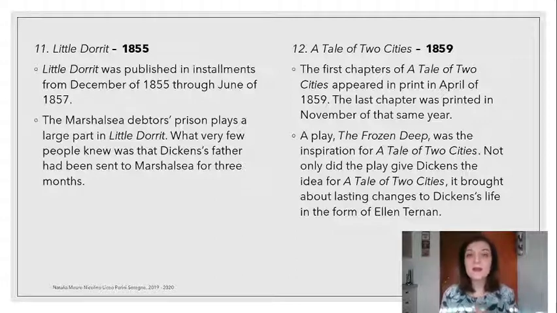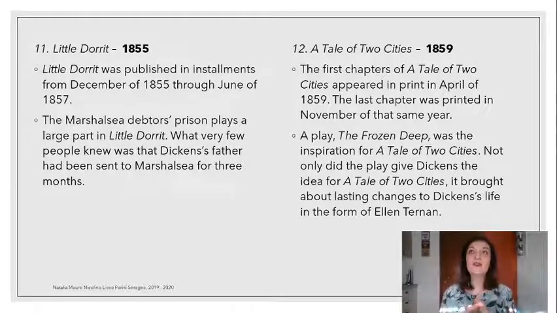Let's go on to the 11th and 12th novels that Dickens wrote: Little Dorrit and A Tale of Two Cities. Like Oliver Twist and David Copperfield, which had a child as protagonist, Little Dorrit has a protagonist who is a girl. This novel, again, was published in installments, so it was serialized.